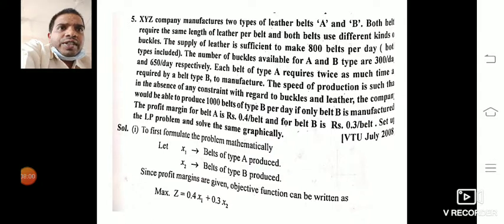If the problem is given in verbal form, first we need to formulate and then go for the graphical method. If the direct problem is given, there is no need to go for formulation. This is the graphical method; we need to follow the steps to solve the LPP problem using the graphical method.